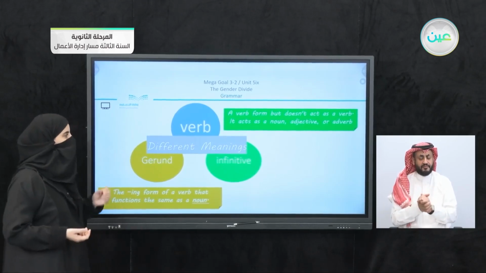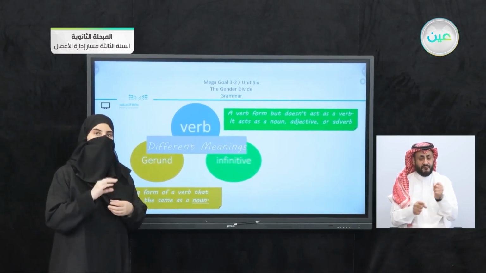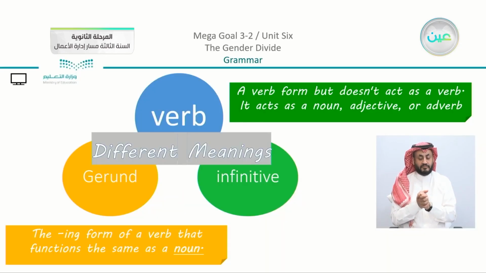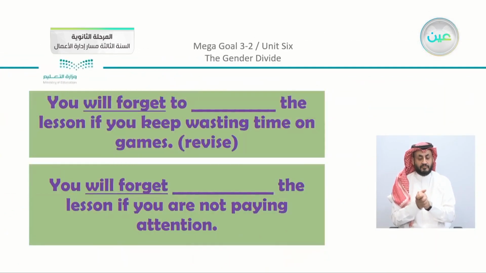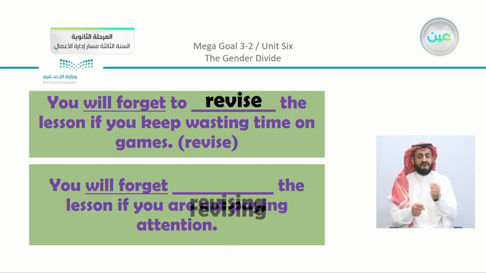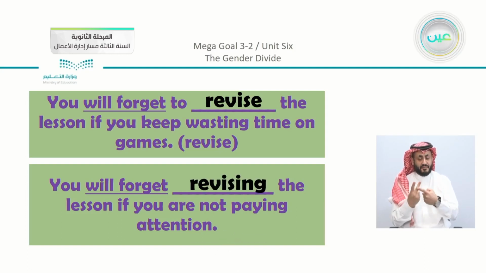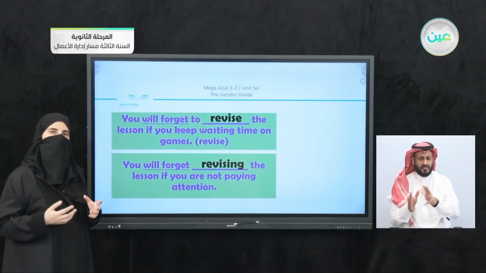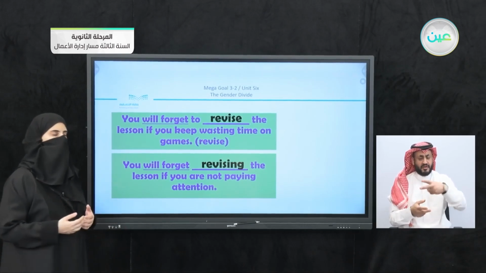And we have the infinitive, which means to use the word to with the base form of the verb. Just to also recall, you will forget to revise. Here you can see, because we have the word to, I use the base form. And in the second, you will forget revising the lesson if you are not paying attention. Note that the meaning of the whole sentence changes when you use the infinitive or the gerund.